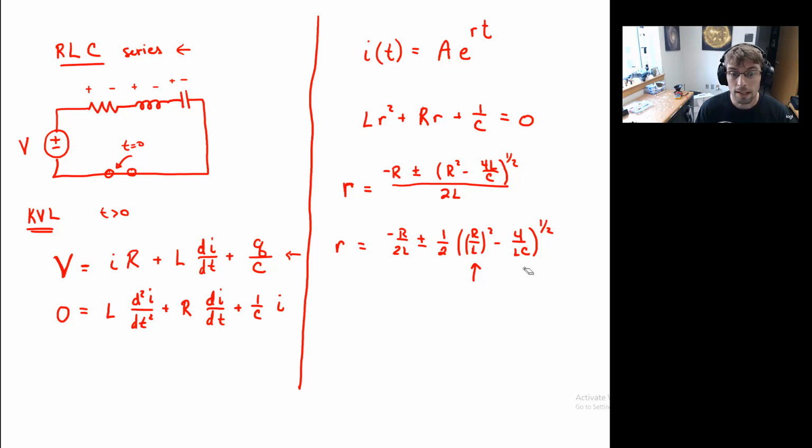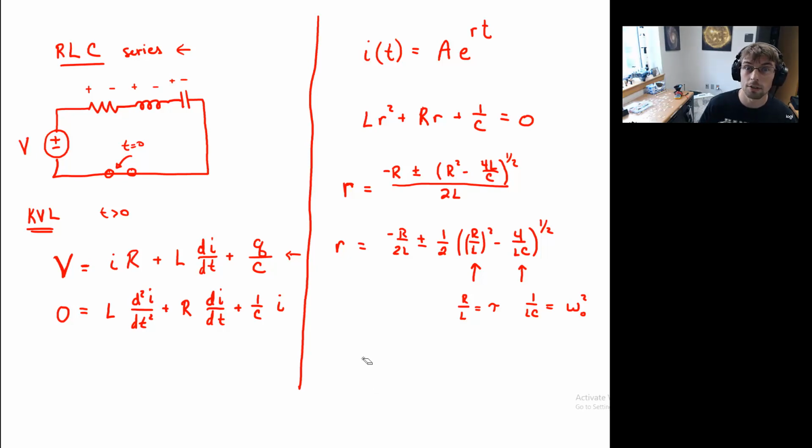And also you notice this LC. This 1 over LC is related to the natural frequency of the circuit.